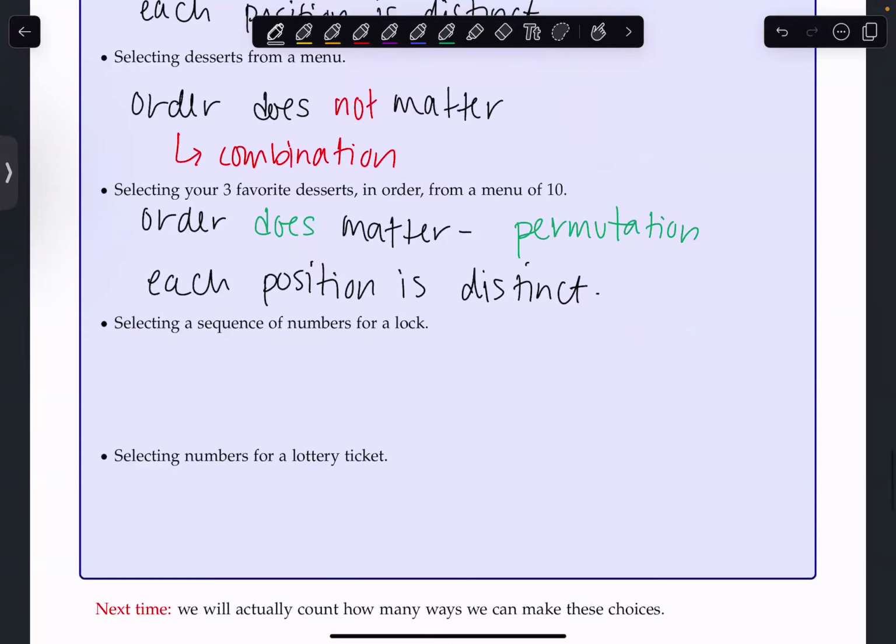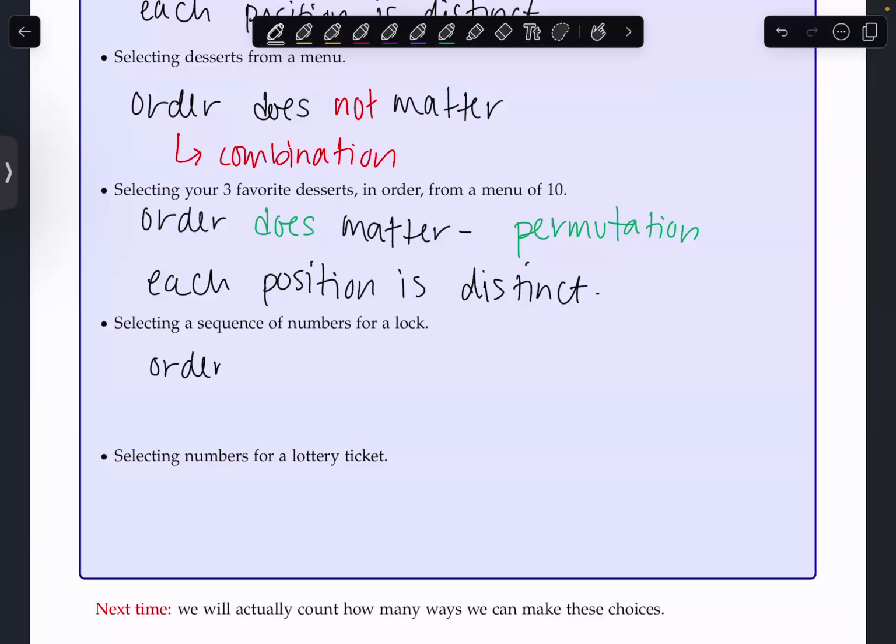Okay, let's look at the last two. We're going to select a sequence of numbers for a lock. So we need to decide if I pick 1, 2, 3, will that be different than 2, 1, 3? Right? Will the order actually matter here? Because I'm working with a lock, it is very specific in which order I have to make the choices. So the order does matter here.